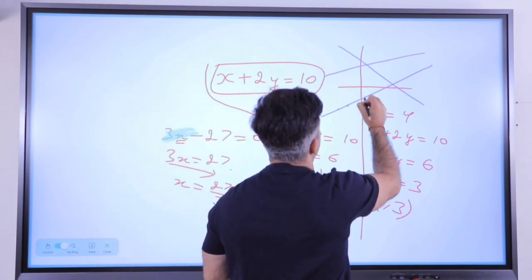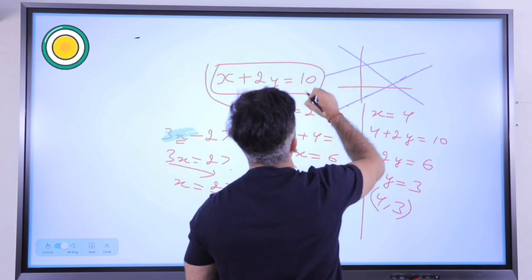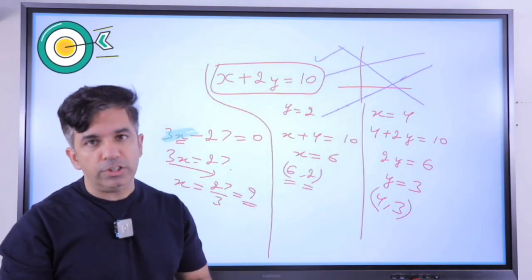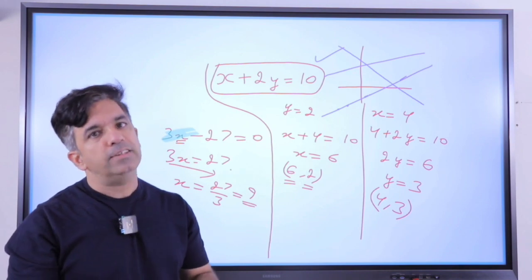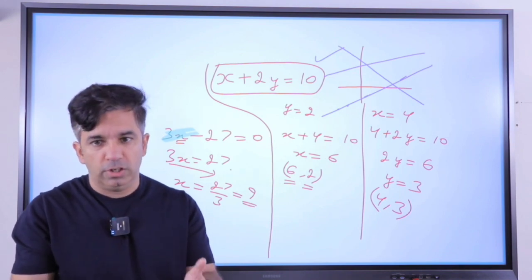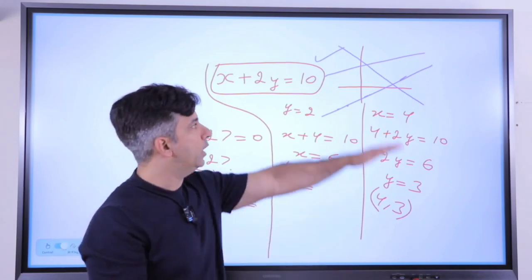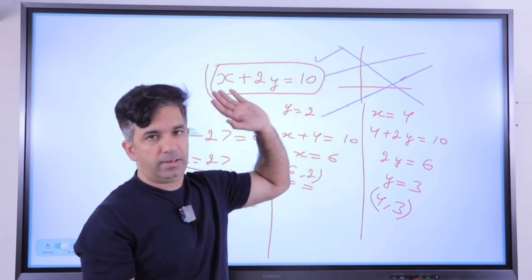Any point on this straight line is actually a solution to this equation, because we have seen that one equation with two variables has infinitely many solutions. When those infinitely many solutions are plotted, they always result in a straight line.